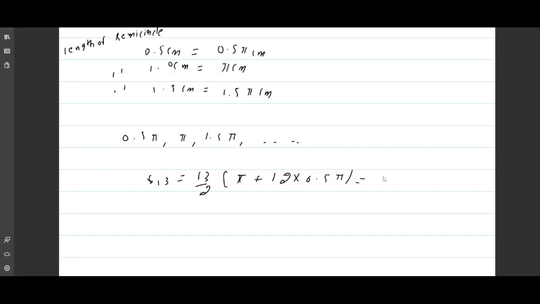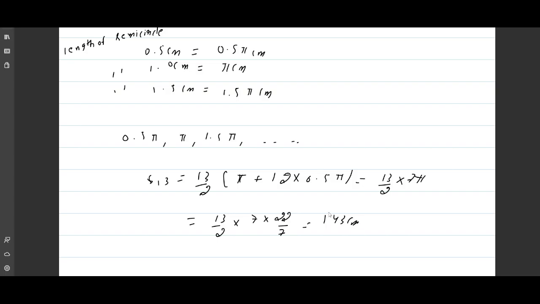So this is equal to 13 by 2 into 7 pi. So this is equal to 13 by 2 into 7 into 22 by 7. So what we get? 143 centimeters.